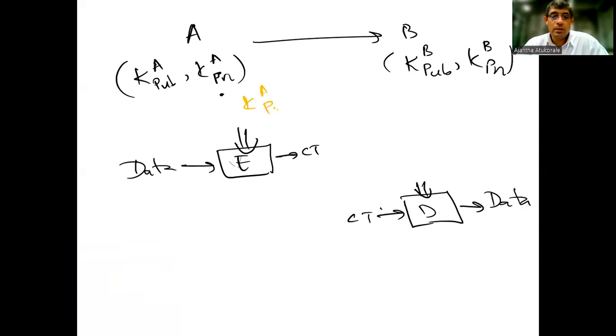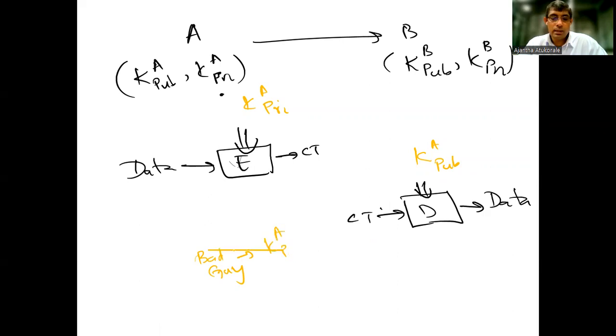Okay, so if I use KA private, which A can use because it's A's side, then the other one can use KA pub, that is also possible because public is a public key. But then there's a bad guy, right? So the bad guy can also use that decryption because he also knows KA pub.